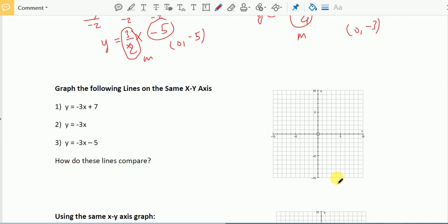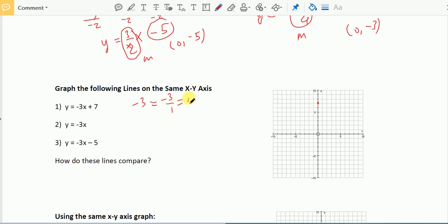Okay, how do I graph the following lines on the xy axis? You can graph this easily. So first, using the y-intercept, this is 7. So I plot the 7 on the y-axis first. Now minus 3 for the slope. Minus 3, you can rewrite this as minus 3 over 1, the same thing, right?